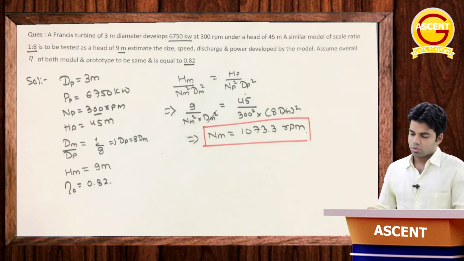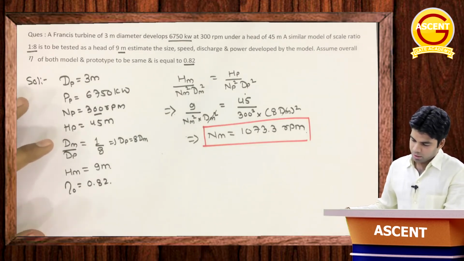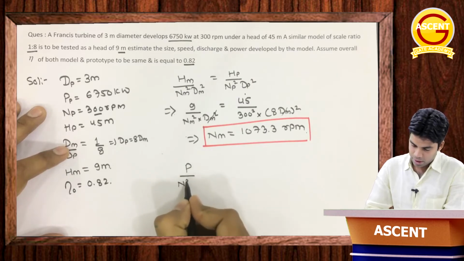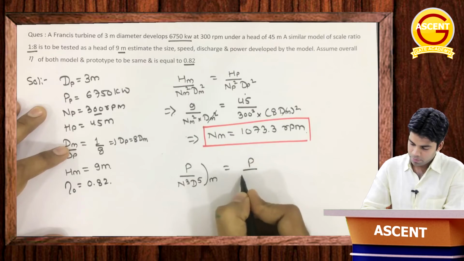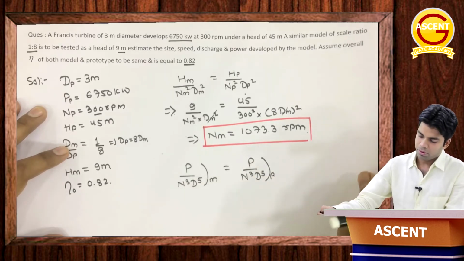Okay, next is to determine the discharge. Now how to determine the discharge? Before discharge we will determine the power by equating the power number. So the power number says P by N cube D raised power 5 for the model should be equal to P by N cube D raised power 5 for the prototype. Now just put the values.